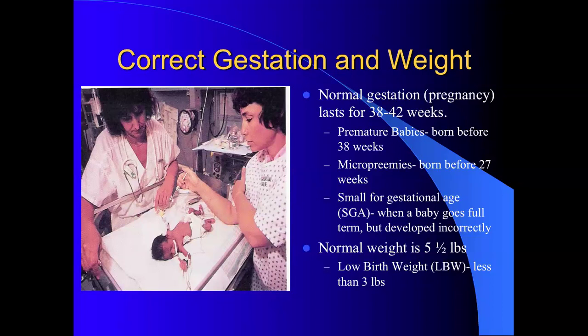But if you give birth prior to 38 weeks, that means that all of that has not happened. We also have something called a micropreemie. A micropreemie is a baby that is born before 27 weeks. So we're talking about a really early birth. Now that happens with people who are older when they become pregnant.